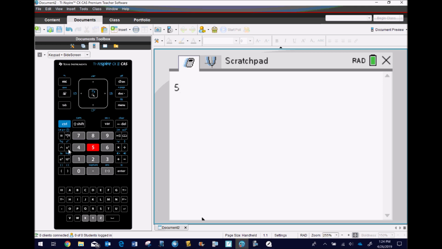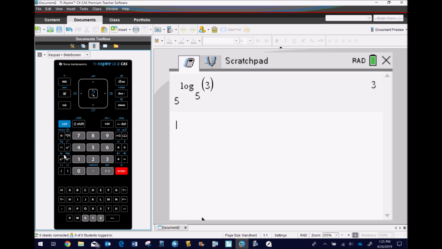Now I'm going to raise that to a power, and this is where I put the logarithm in. So I have second 10 to the x to get my log base 5, and I'm going to throw 3 in the argument. We may not anticipate what the answer is going to be, but I'm going to hit enter, and interesting, it looks like I got 3.